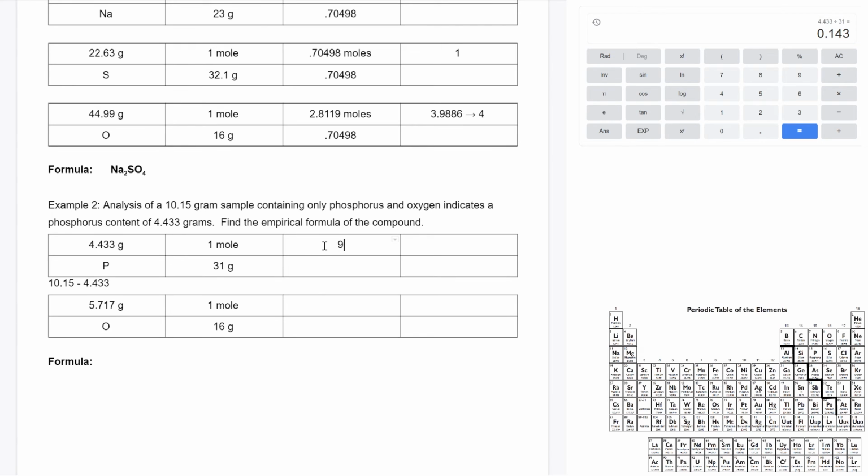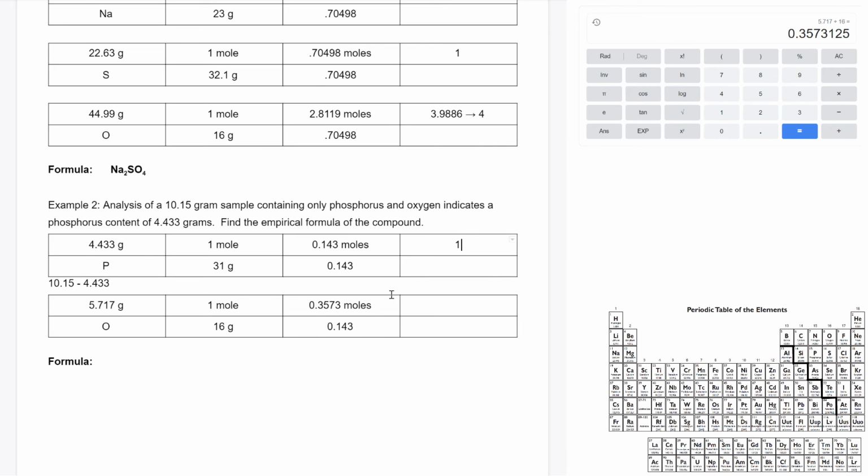So we get 0.143 moles, and we get 0.3573 moles. Once we get our moles, to get a ratio, we divide both of them by the smaller amount, which here would be the 0.143.